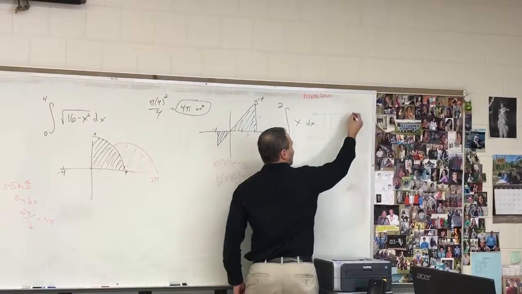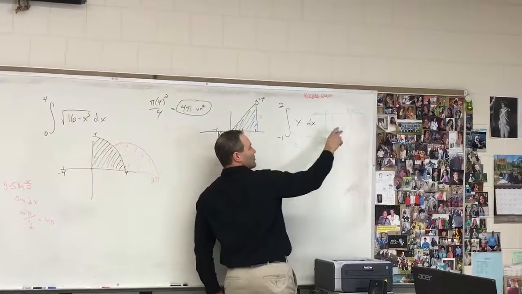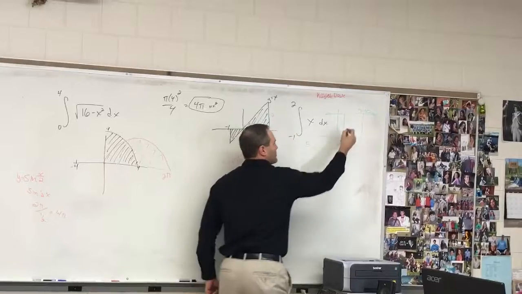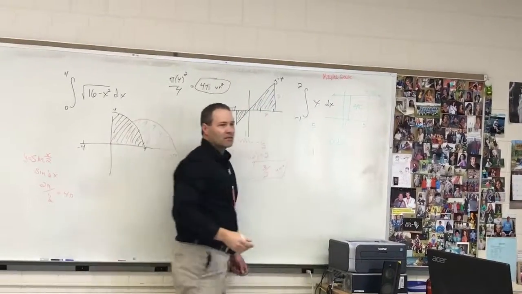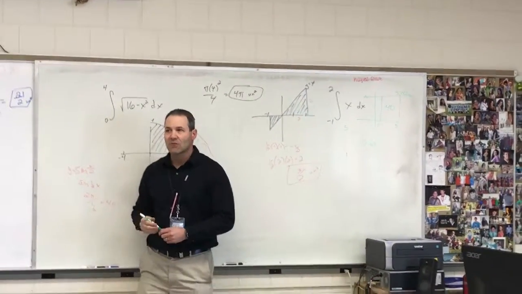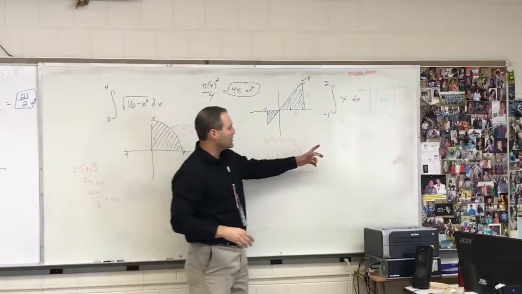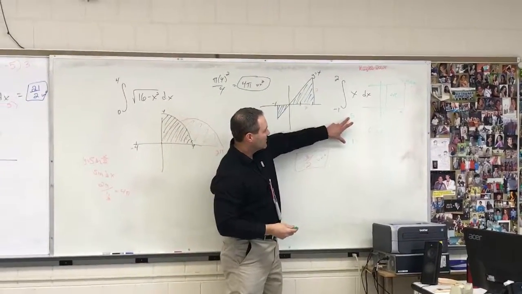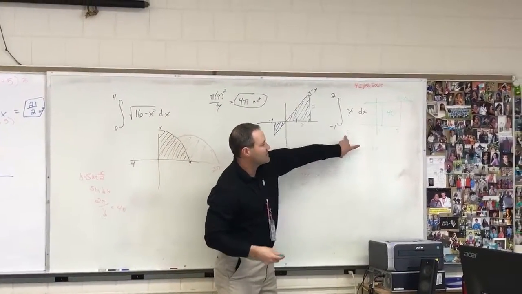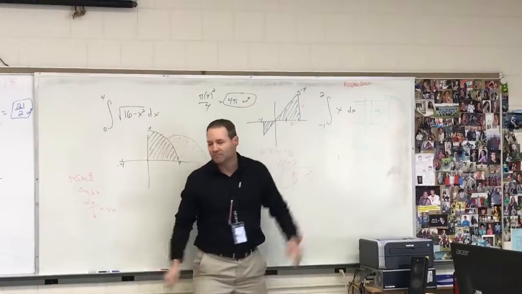So 4 times 10 gives you 40. If it's a constant, it's just going to be b minus a times the constant.